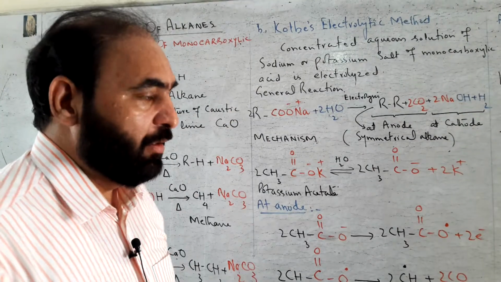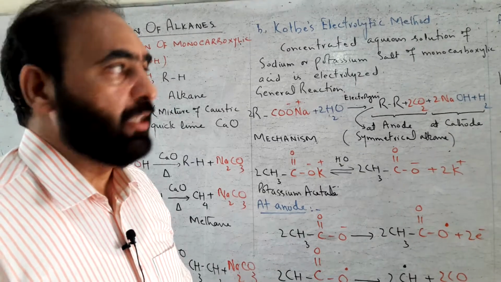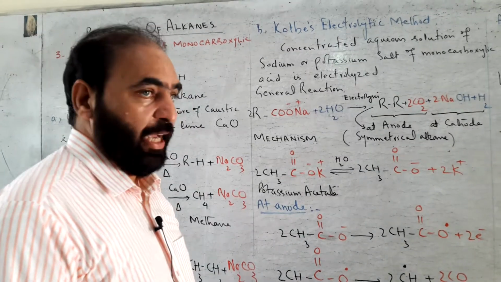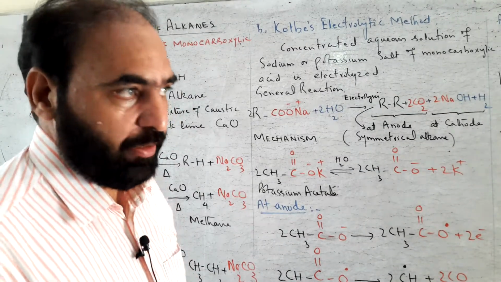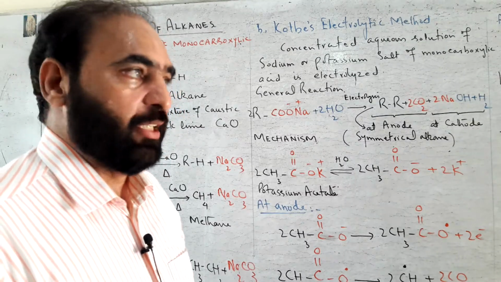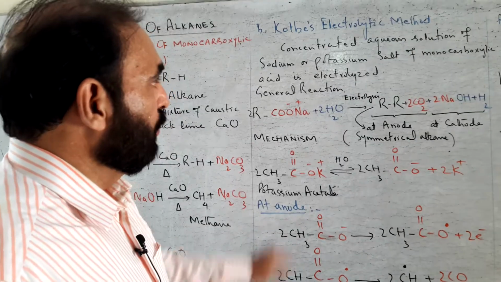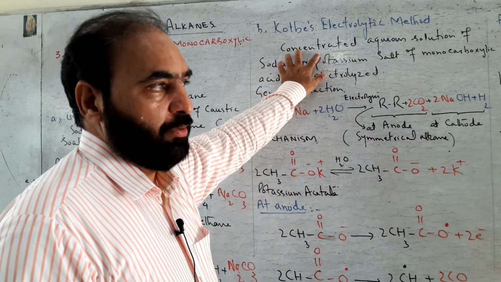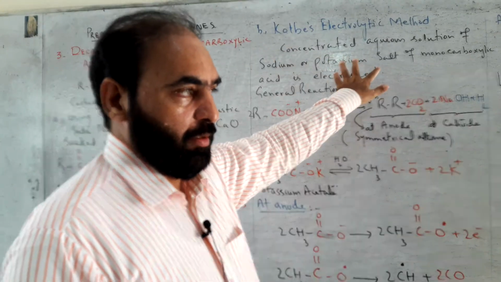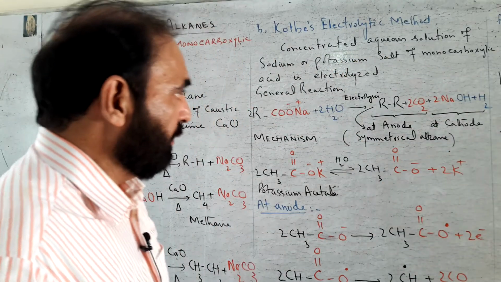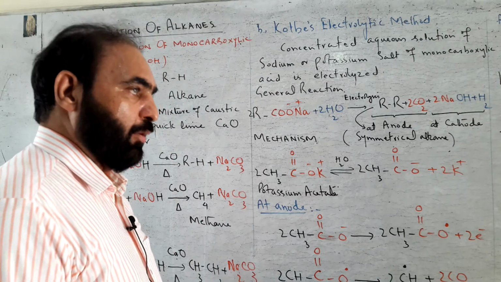Electrolysis is the conduction of a chemical change at the expense of electrical energy in an electrolytic cell. We use a concentrated aqueous solution of sodium or potassium salt of monocarboxylic acid for electrolysis.